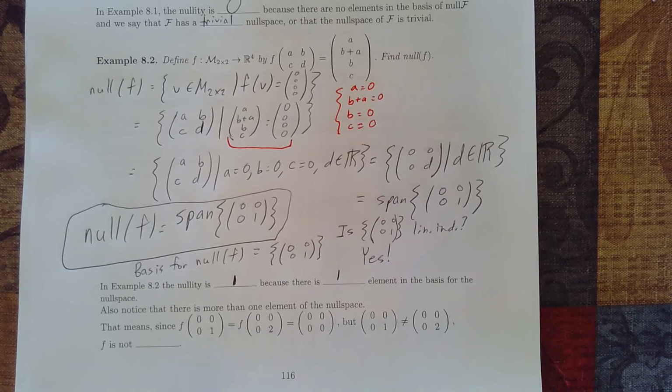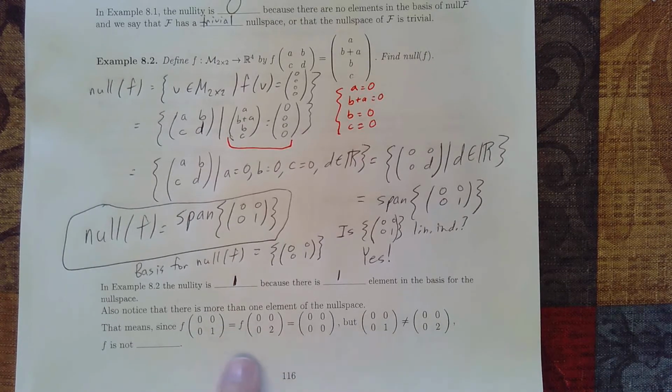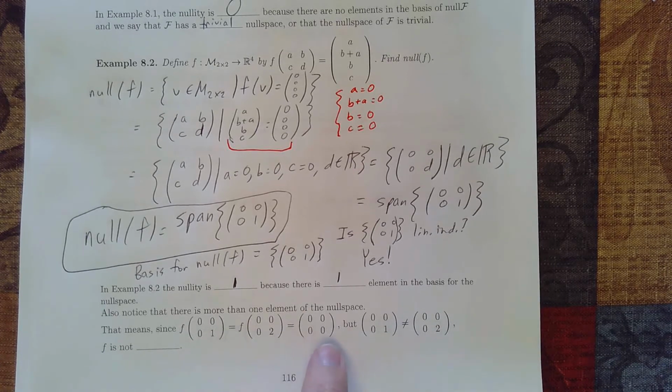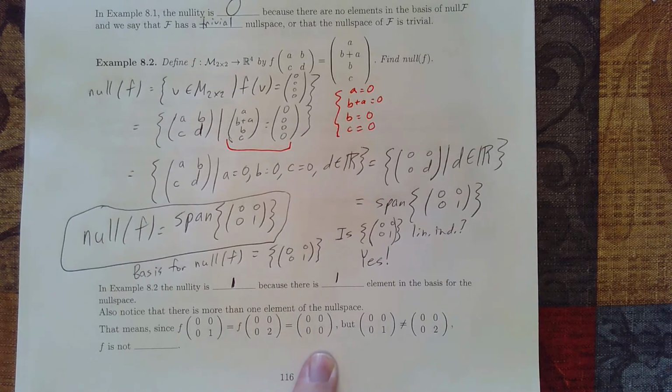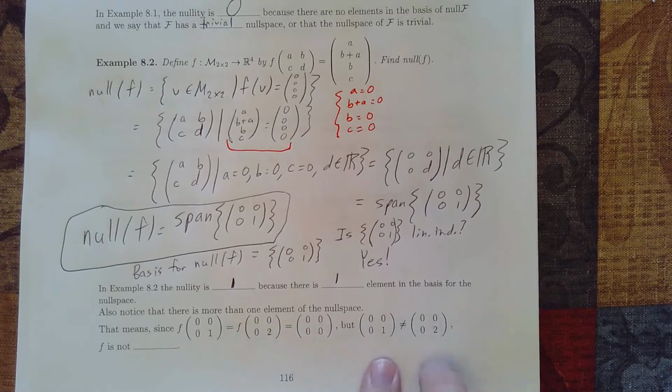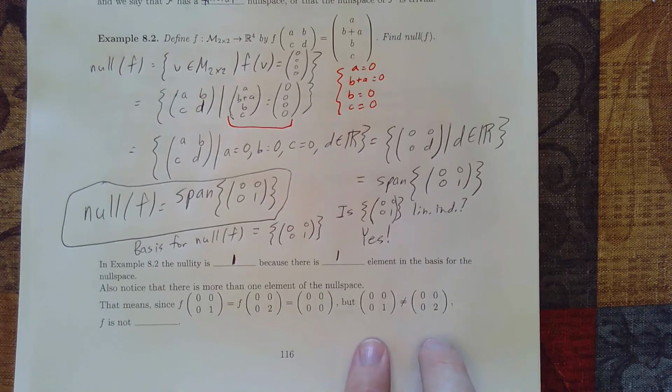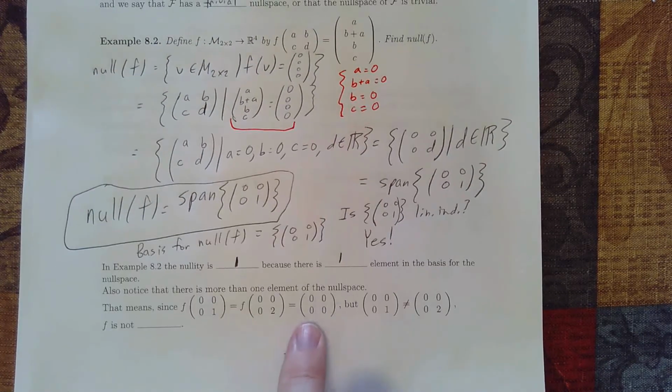Also notice that because there's more than one element of the null space, f of 0, 0, 0, 1, which is the same as f of 0, 0, 0, 2, is going to be equal to the 0 vector. But we have two different inputs that map to the same output.